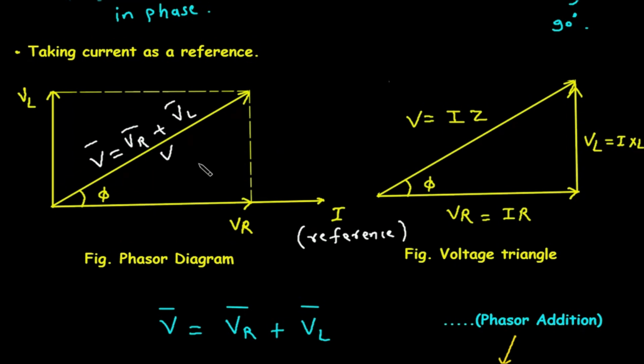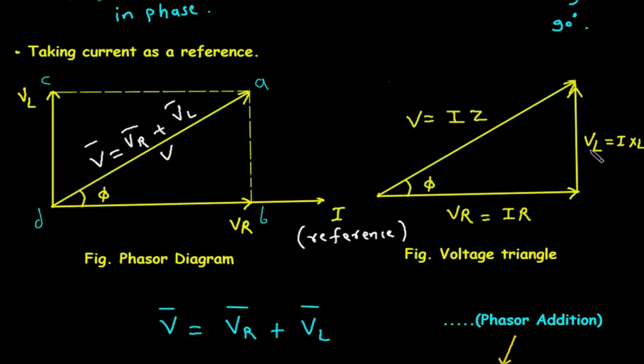Now from this phasor diagram, the voltage triangle can be drawn. This is VR and VR is equal to I into R. Now let's say this is A and this is B. This is C and this is D. So AB is equal to CD. So here we can replace this line by VL.